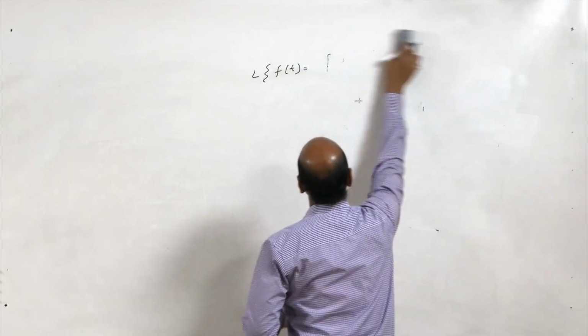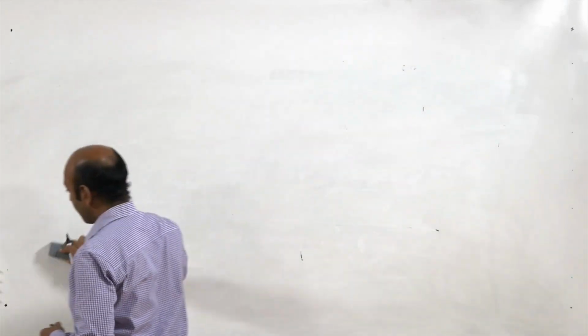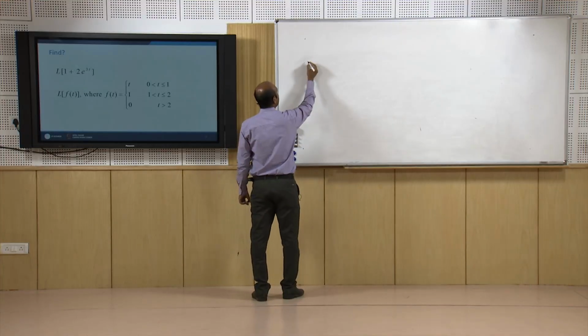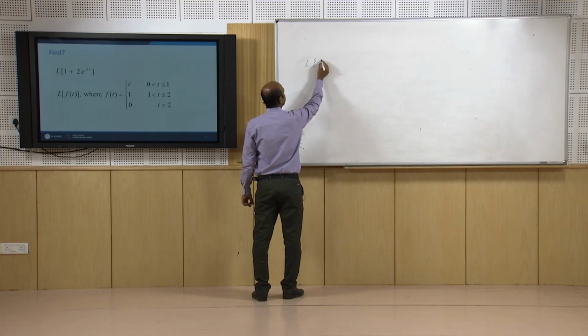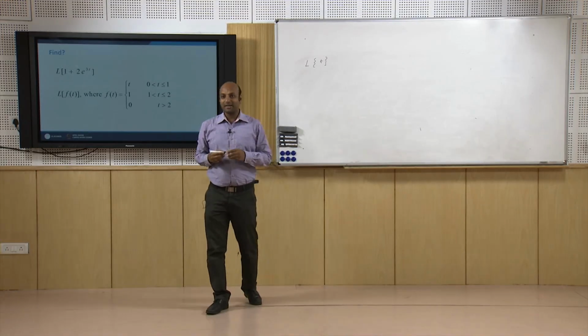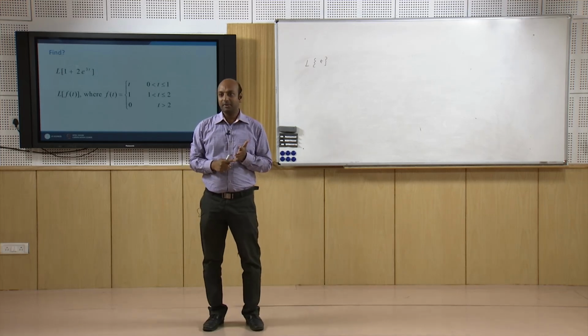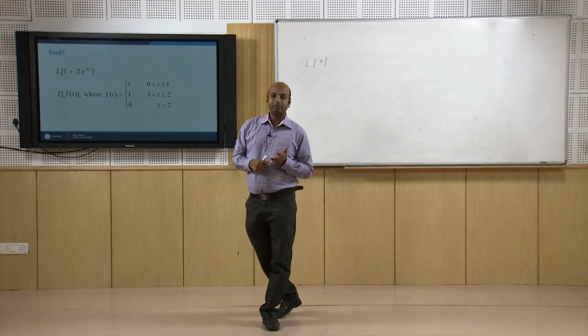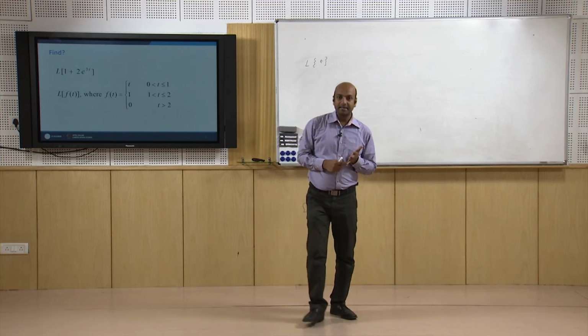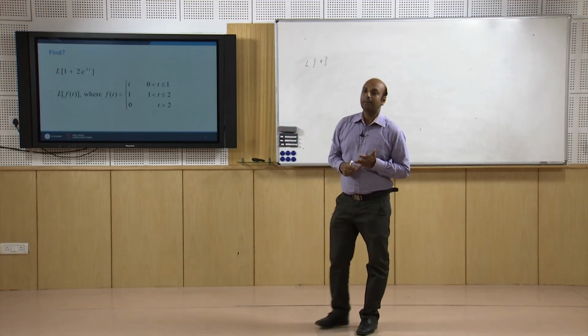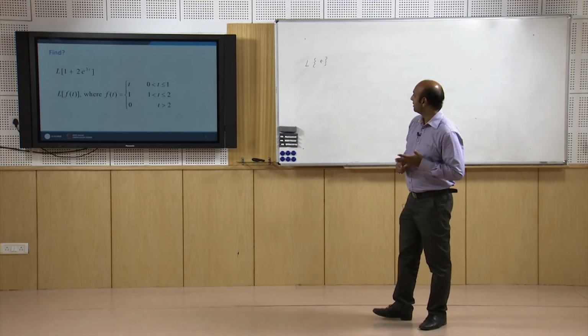Now let us try to find out the Laplace transform of t, the third function. Laplace transform of 1 is 1 by p, Laplace transform of e to the power at is 1 upon p minus a. Now let us see what is the Laplace transform of function t.